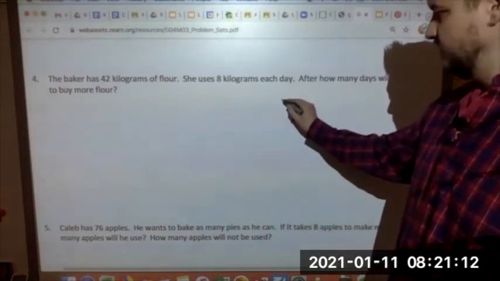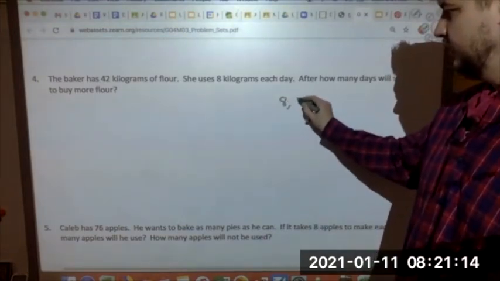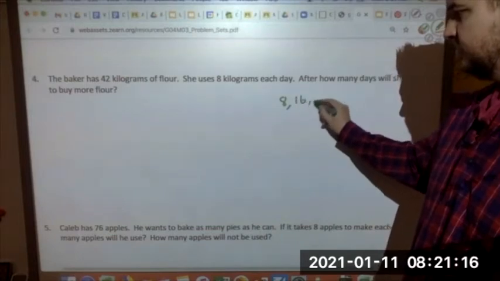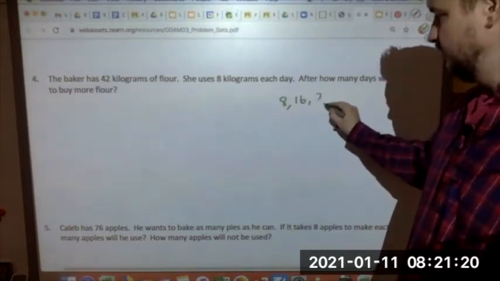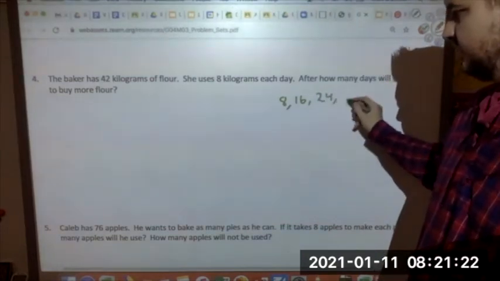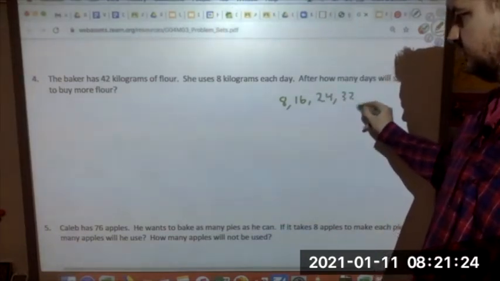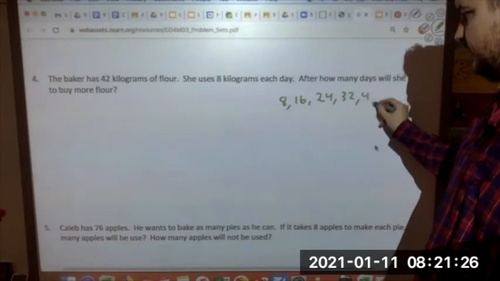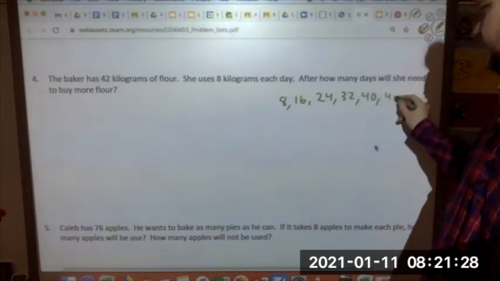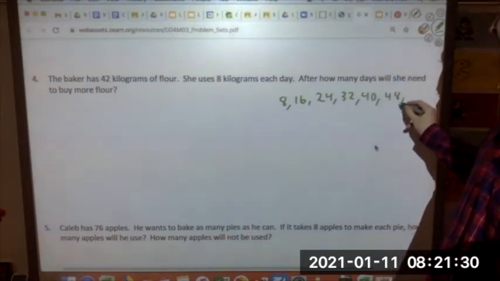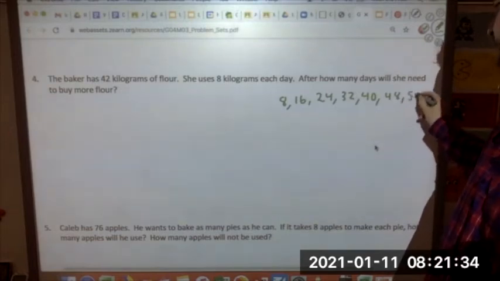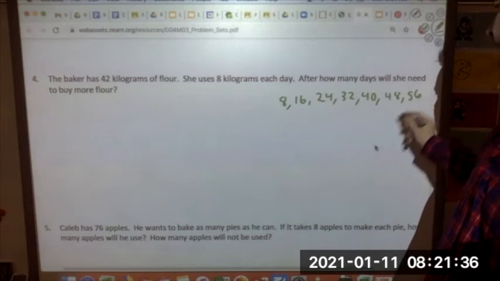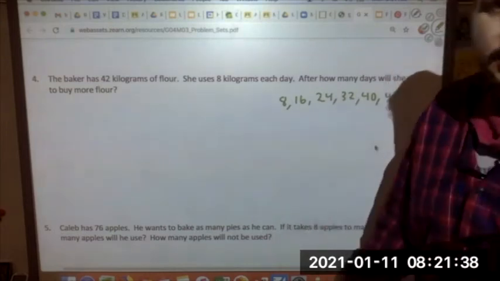So if we start with 8 times 1, 8, 8 times 2 is 16. 8 times 3 is 24. 8 times 4 is 32. 8 times 5 is 40. 8 times 6 is 48. 8 times 7 is 56. I'm going to stop right there just because I'm running out of space. But you get the sense. You can keep going as long as you need to.